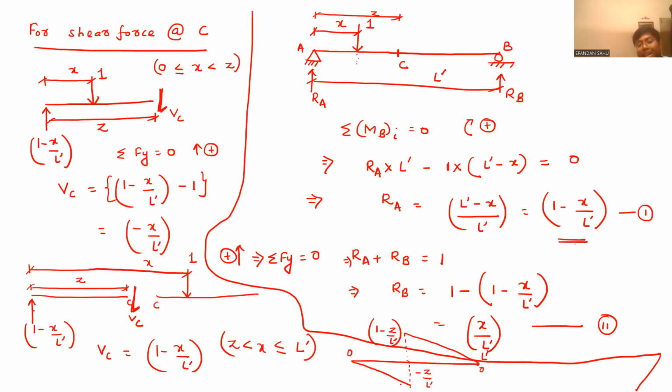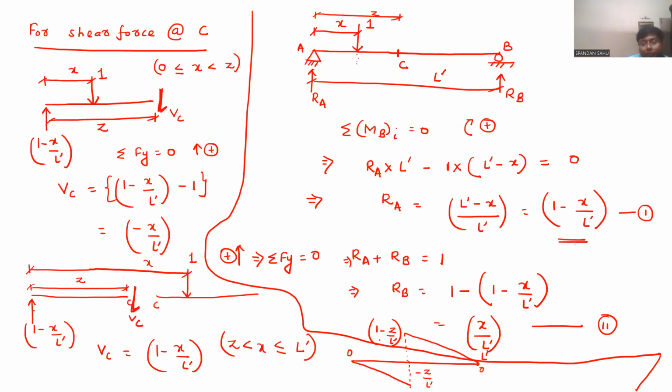And why have I drawn it linear? Because we can see x is linear. That VC, which is a function of x, is linear. In the second case also, VC, which is a function of x, is linear.